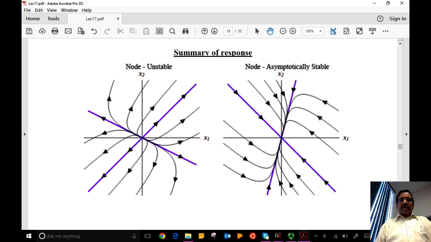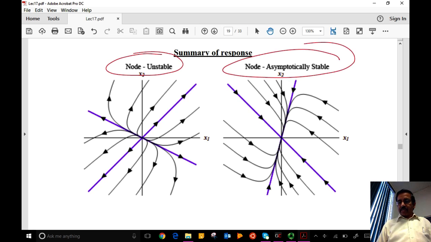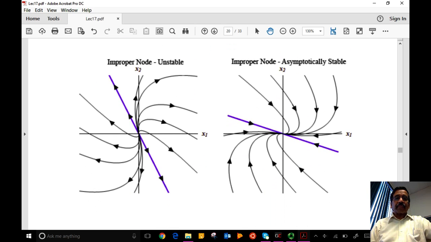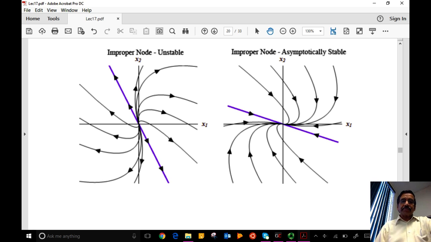So this is just a summary of a node that is unstable, a node that is asymptotically stable. Asymptotic stability means as time goes to infinity, it is attracted to the steady state. So this is a case where I guess both are unstable.